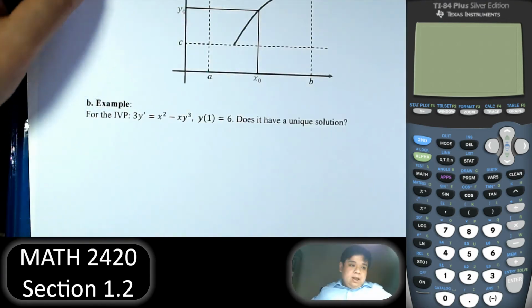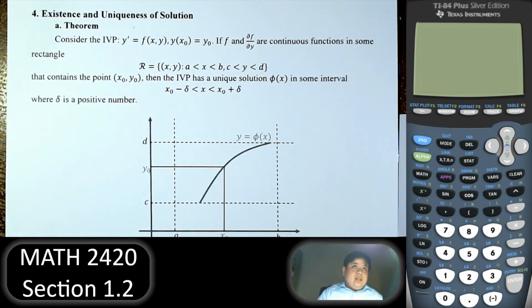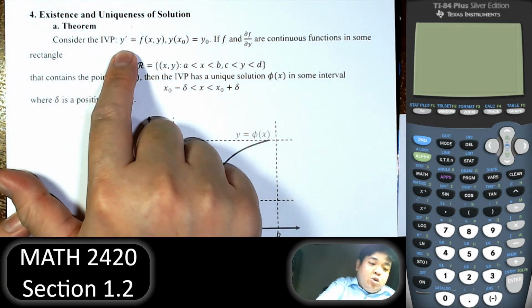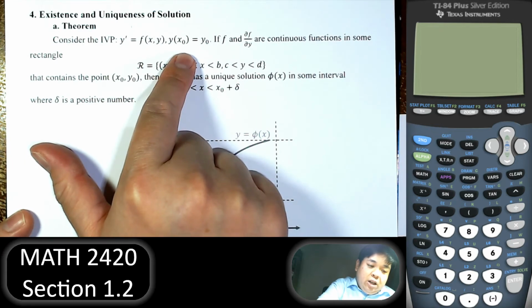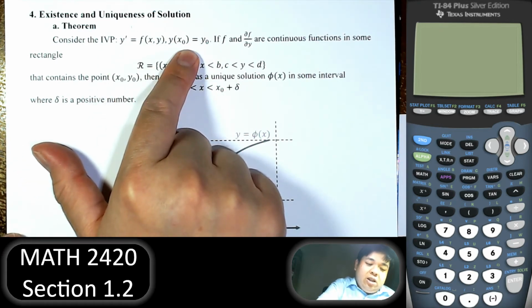Right. Next we have this little theorem: existence and uniqueness of the solution. Consider the initial value problem, where the derivative is equal to a function of x and y, with an initial condition. It is a first order equation, so we only need one initial condition.